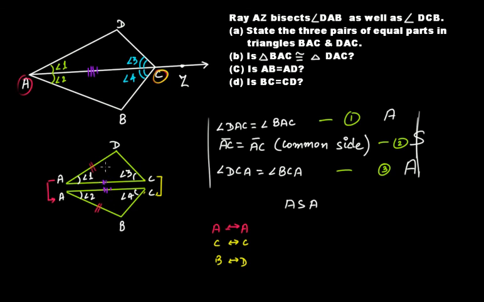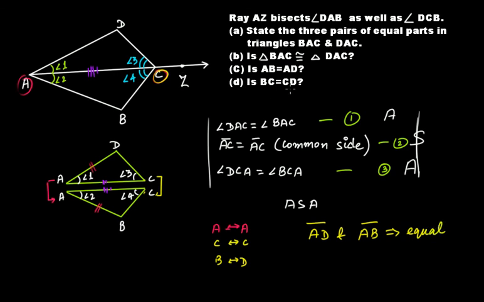Therefore, since these two are congruent, we can say that AD is equal to AB because congruent triangles are of same size and shape. Side AD and side AB, these are actually corresponding sides of these two congruent triangles. These are corresponding sides, and the corresponding sides are always equal. Therefore, yes, they will be equal.